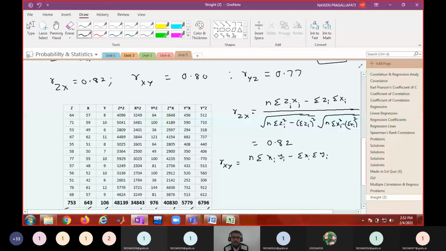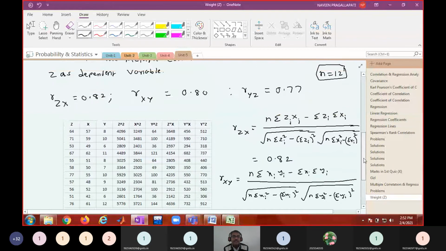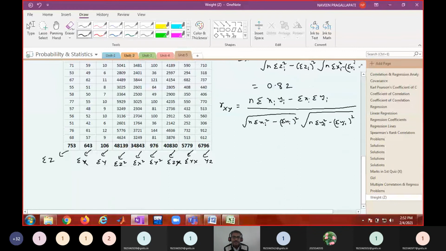This is the normal formula that we are writing, under root n into sigma xi square minus sigma xi whole square into root of n into sigma yi square minus sigma yi whole square. When you substitute these sums, you will get 0.80.